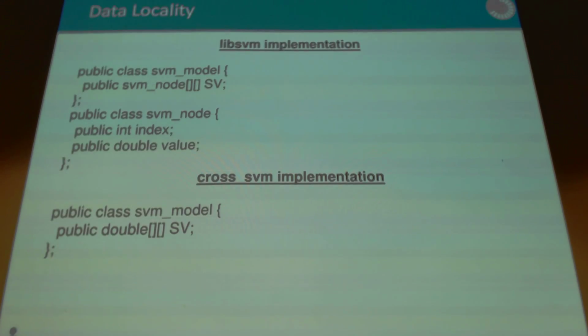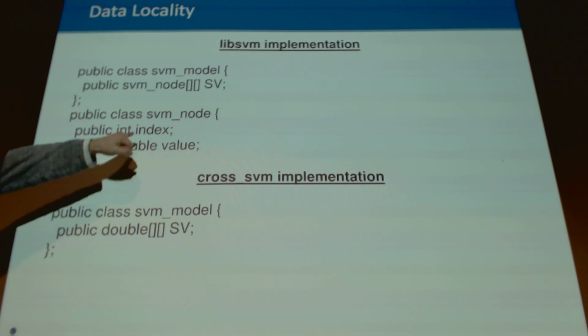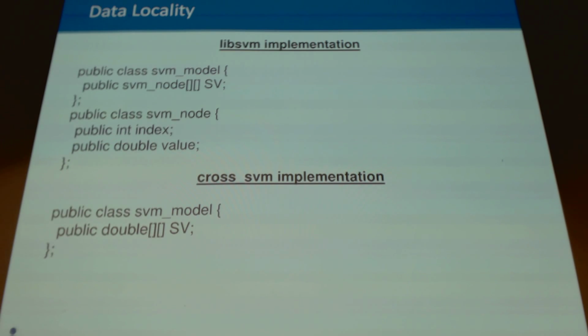Okay, now we started digging into the code, how to implement that. In libsvm, in order to handle the sparse case, they created a class which represents one data point, which is the value and index.